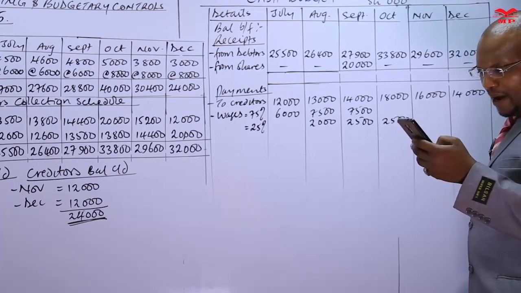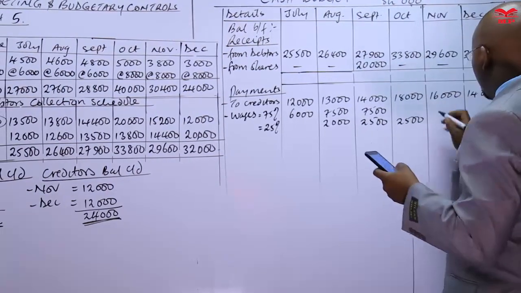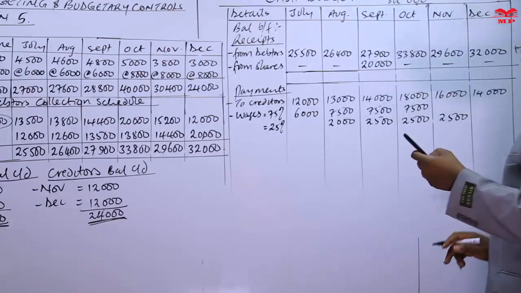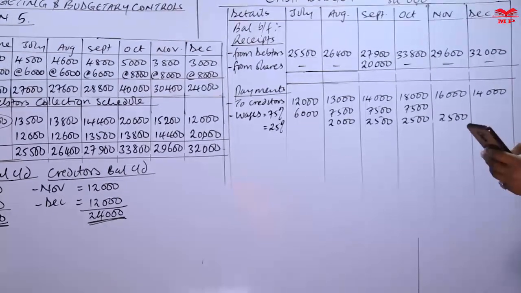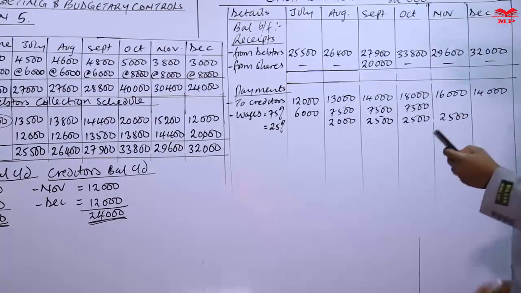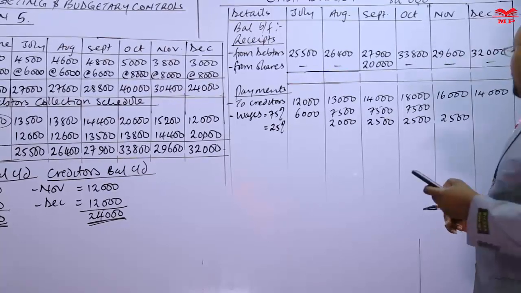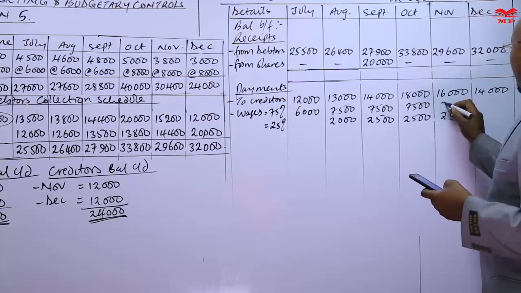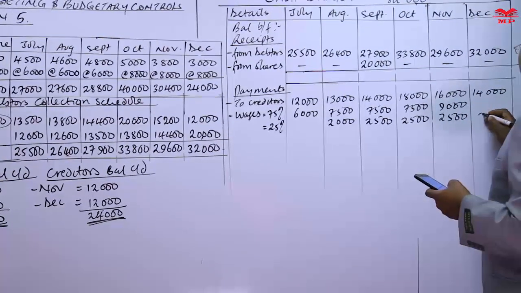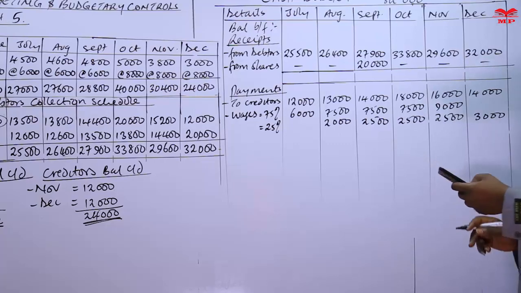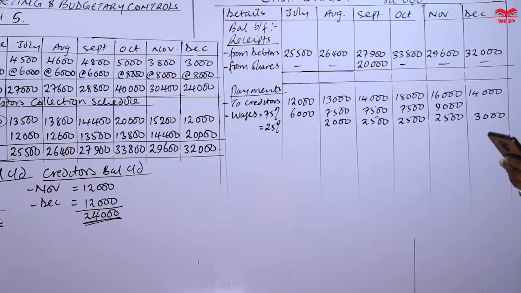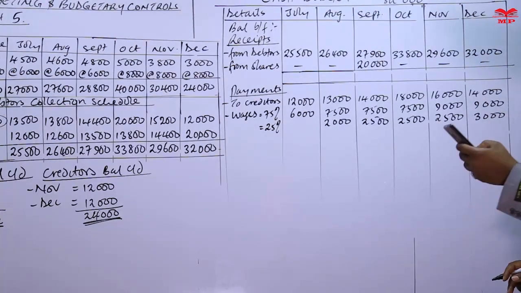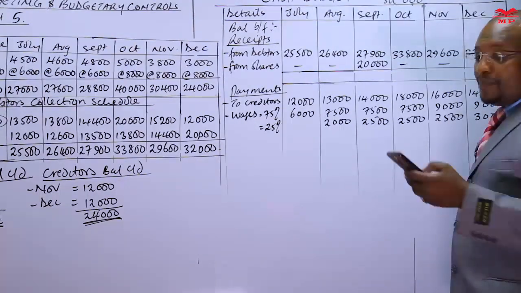October is 10,000, so 7,500 paid here and 2,500 paid next month. November is 12,000, and a quarter is 3,000, so 9,000 is paid here and 3,000 in December. December salaries are 12,000, 9,000 paid here, and the balance of 3,000 to be paid later.